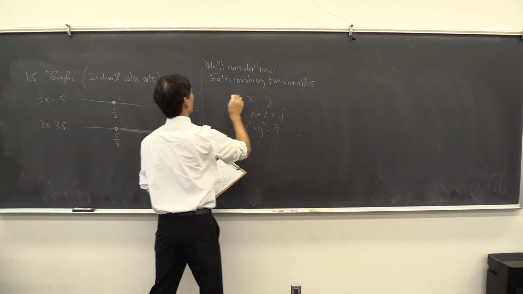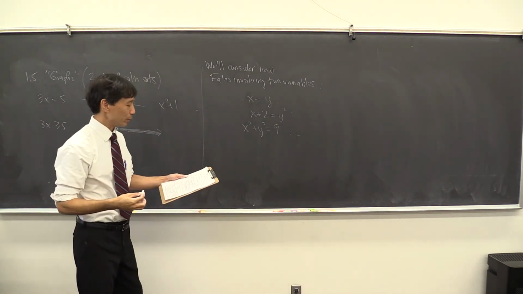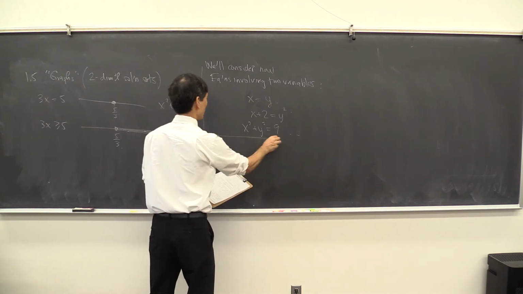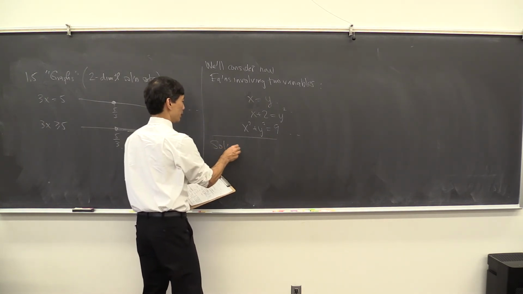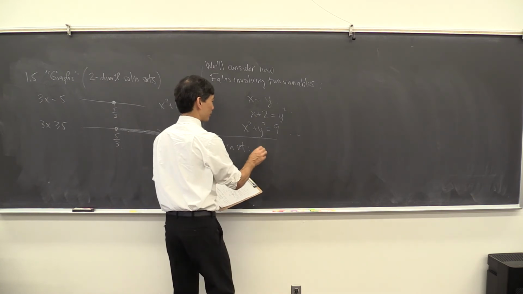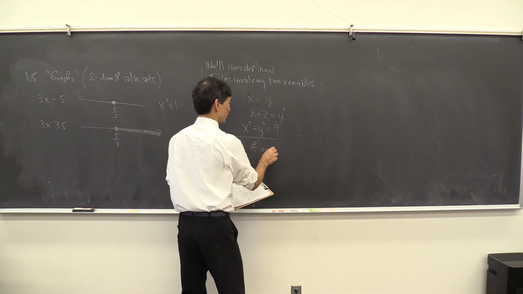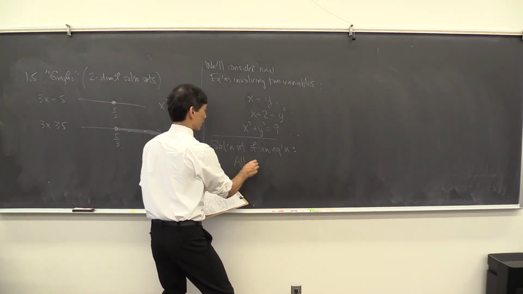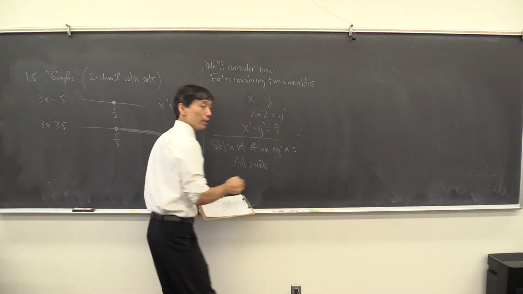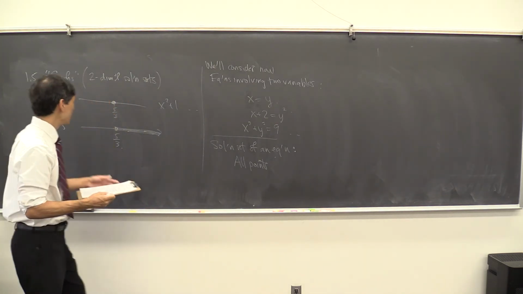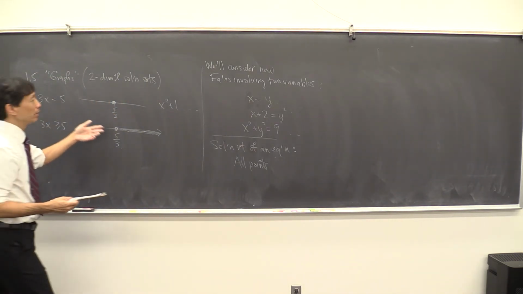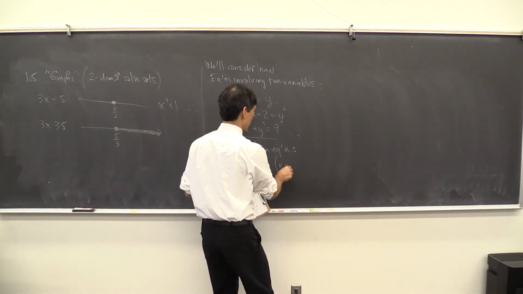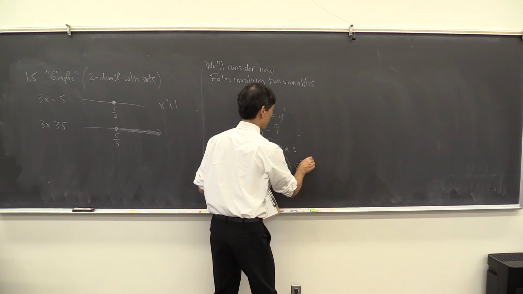Now we'll consider equations involving 2 variables, and what we want to think about is the solution set. Just as before, the solution set of an equation is all points, but now they're 2-dimensional points. Previously it was all points x on the line, but now it's all points x, y in the plane.